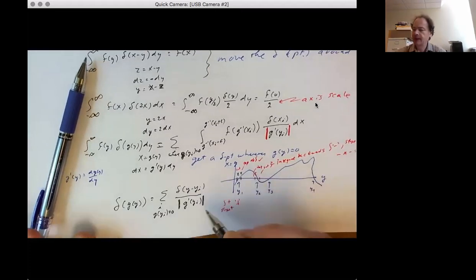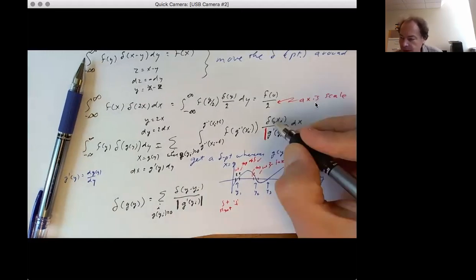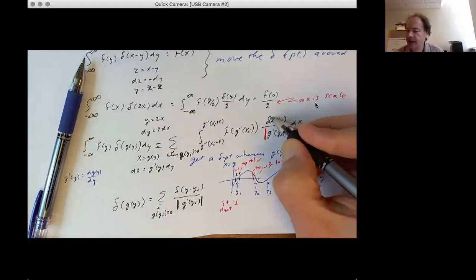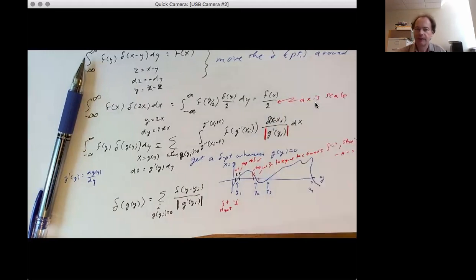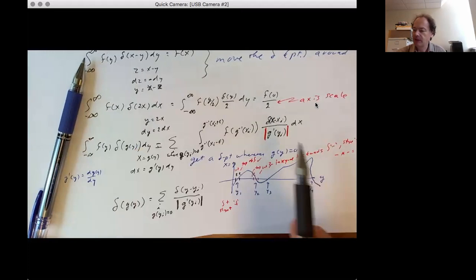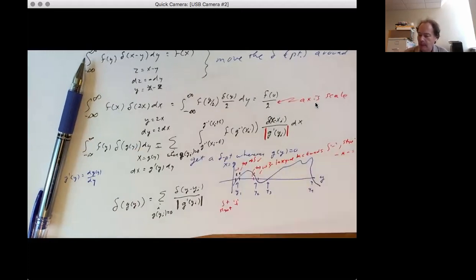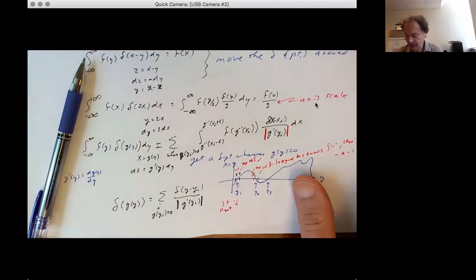And if I plug that into that, then technically, I guess this up here needed to be x minus x sub i. And that, through our shifting one, is just visible up here. It gives you the f at the right place. Okay, so that is a start on the delta functions.